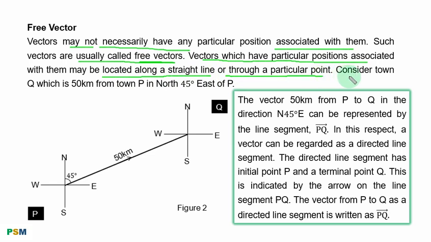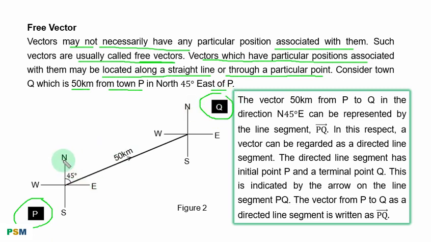Consider town Q, which is 50 kilometers from town P, in north 45 degrees east of P. So you have town P. You move to town Q, passing through town P in the direction of northeast.